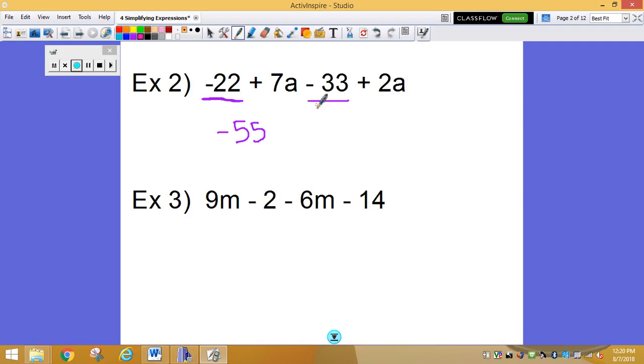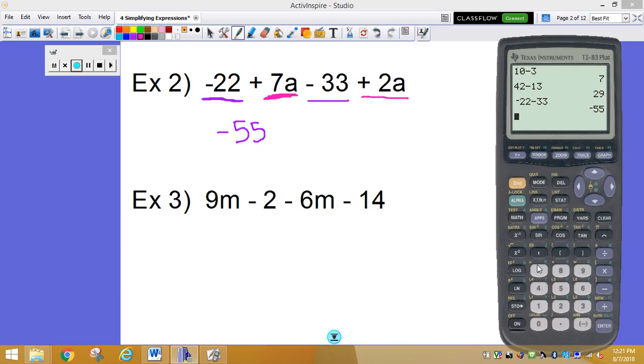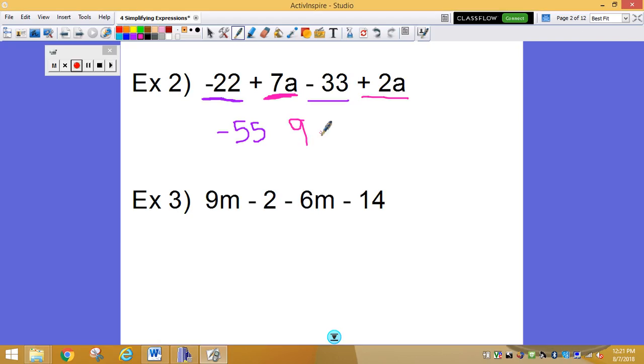All right, let's do our a's. I got a positive 7a and a plus 2a. So I'm going to do 7 plus 2. And that gives me 9a. And again, it was a positive, which means this is going to be a plus.